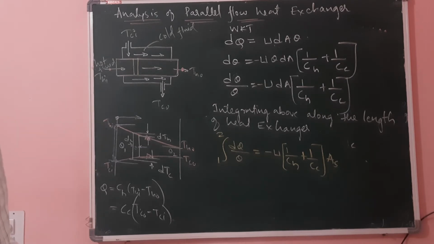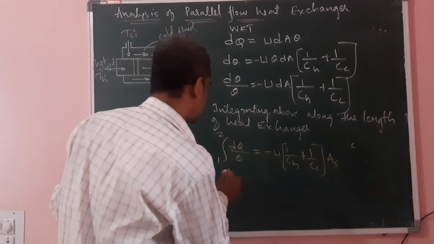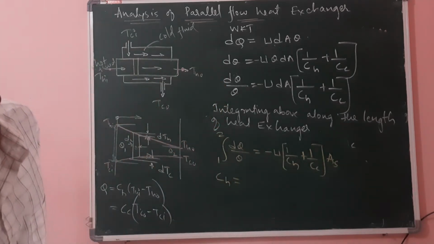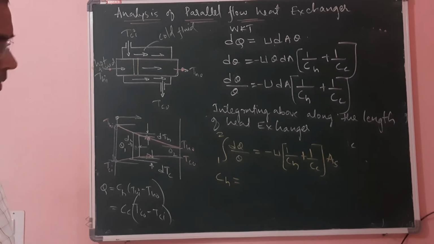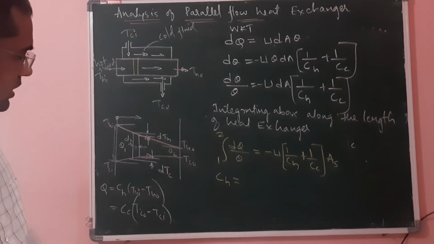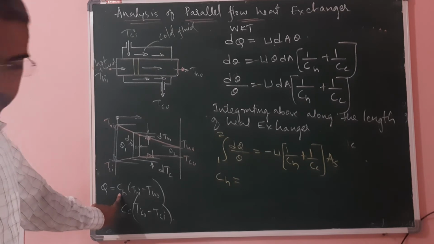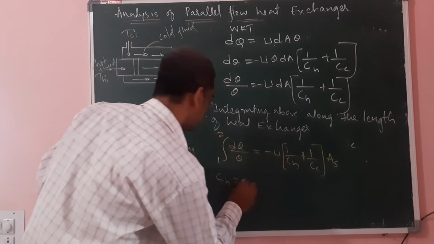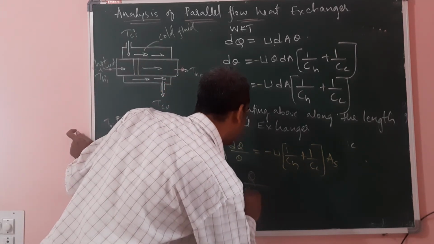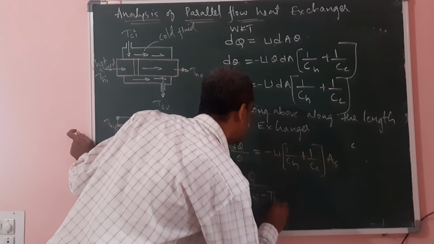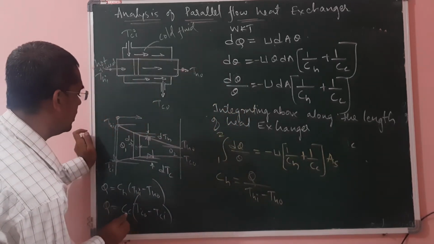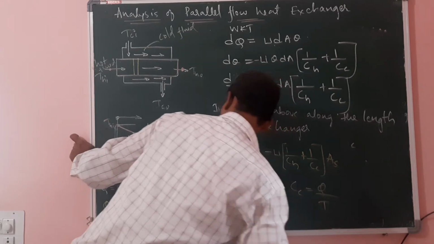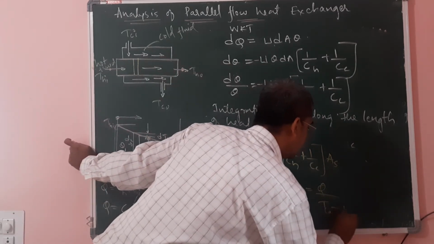But we know that ch is equal to Q divided by Thi minus Tho, as we have seen previously. In a similar way, cc is equal to Q divided by Tco minus Tci.